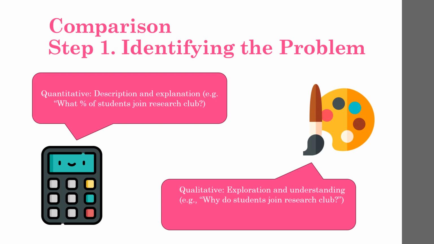Example, what percentage of students join research club? And if you're a qualitative researcher, as you identify the problem, you will explore and understand it. You may ask yourself, why do students join research club? So the question is why.